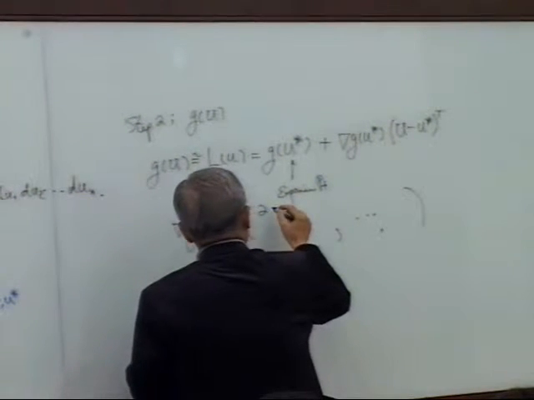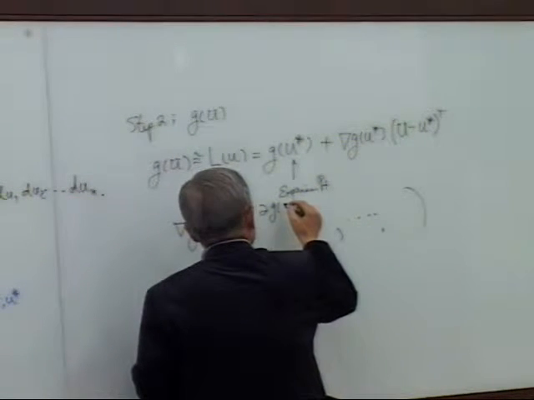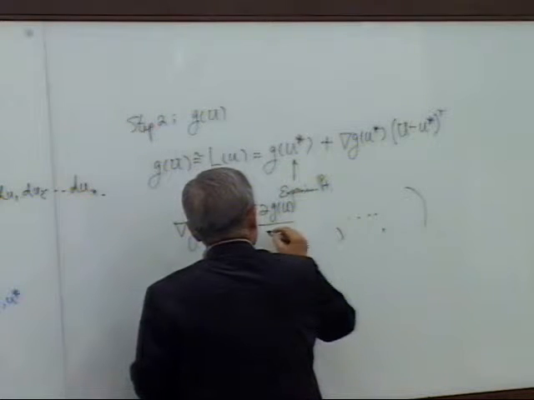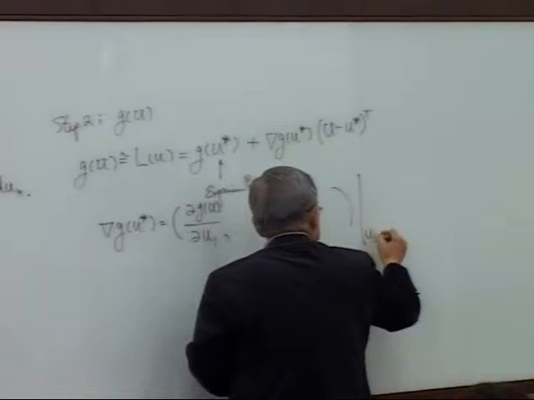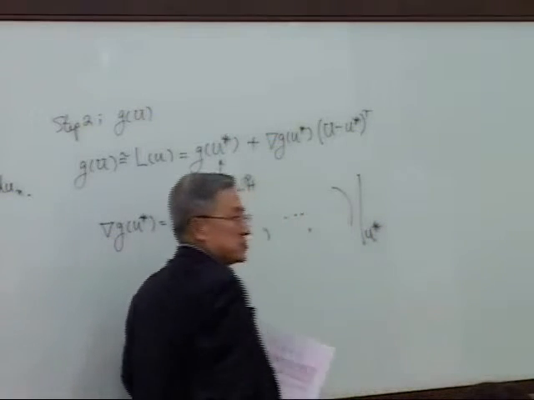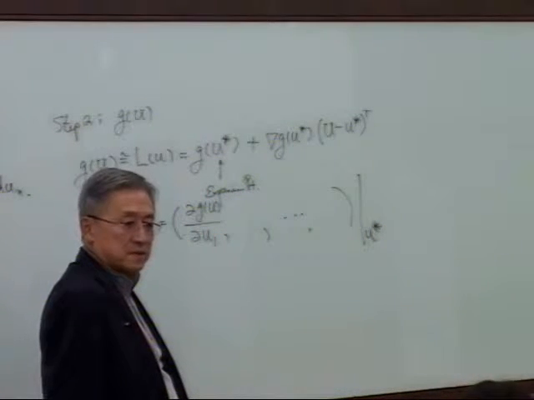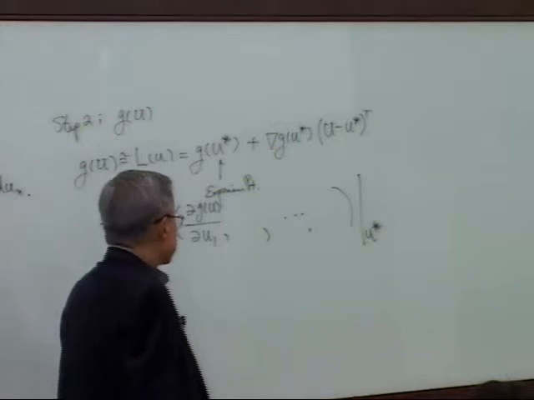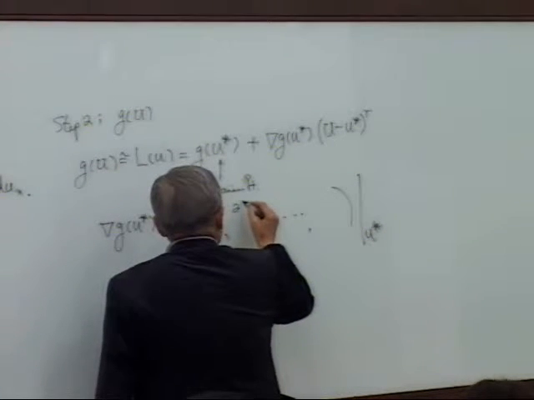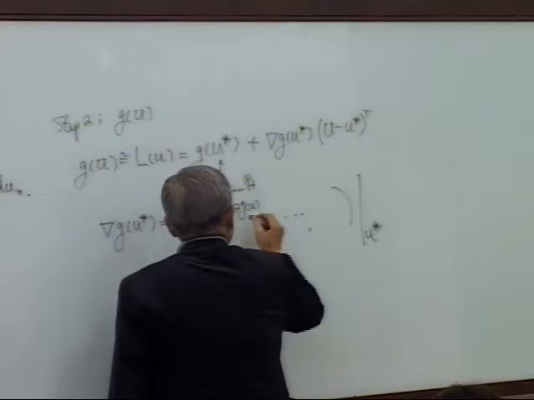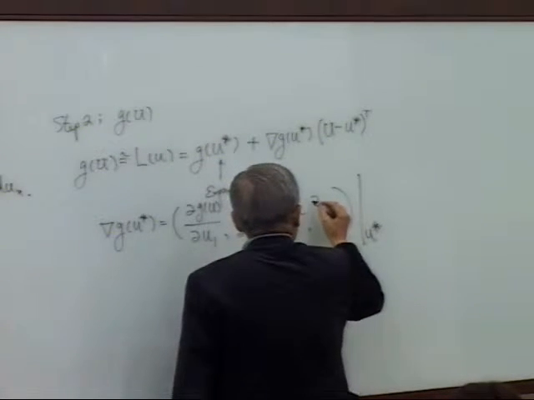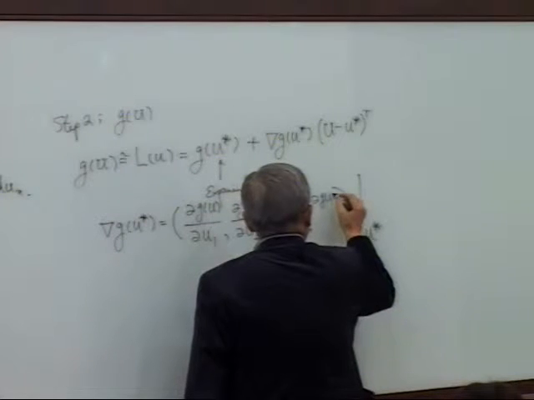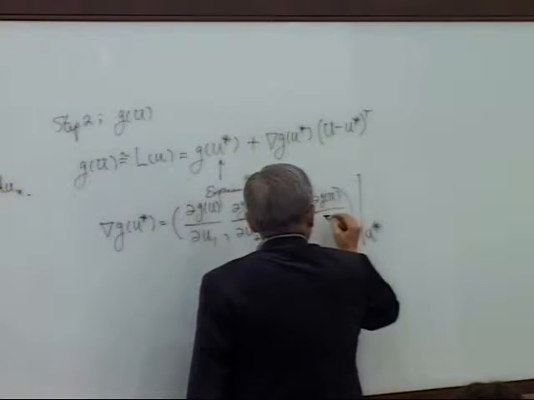So this is del G(U) over del U1, evaluated at the expansion point U star, then del G(U) over del U2, all the way through del G(U) over del UN.